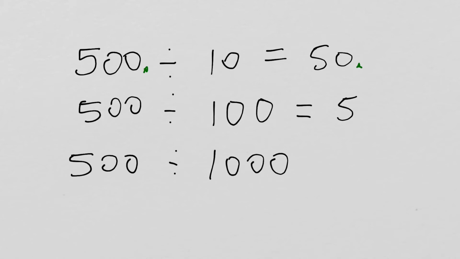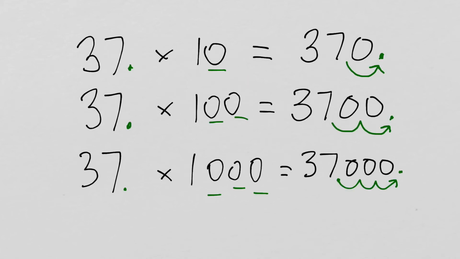So what happened? Well, if we add that 0 back in here, 50.0, which is the same as 50, look what happened to the decimal point. It was out here, and then it moved over there. How many places did it move? 1, because it's 10, right? We're dividing by 10. But which direction? It moved left this time instead of right.